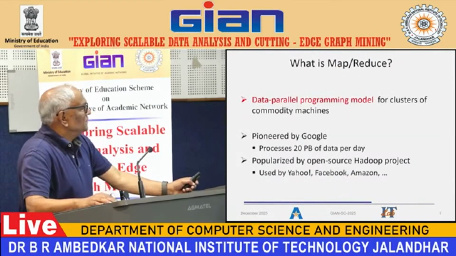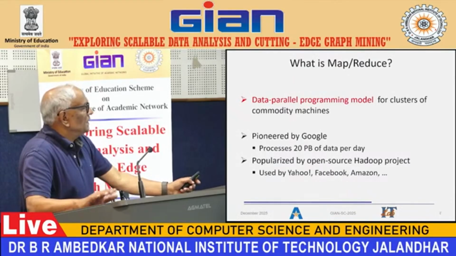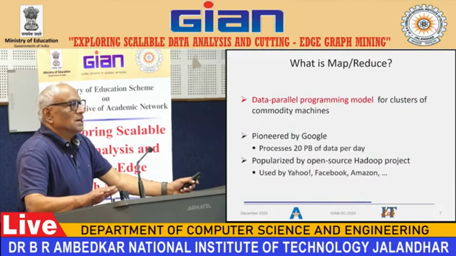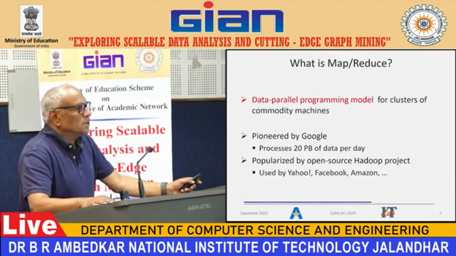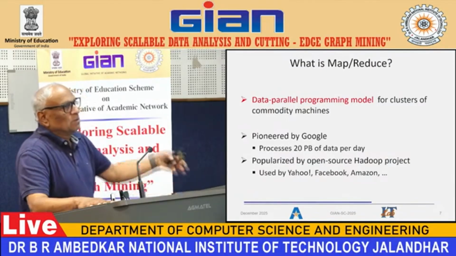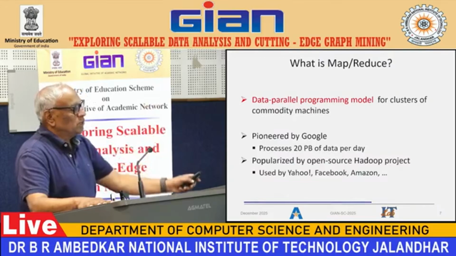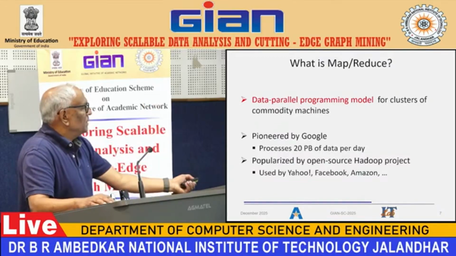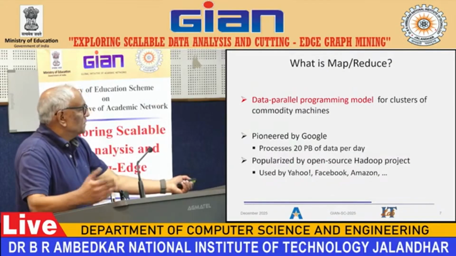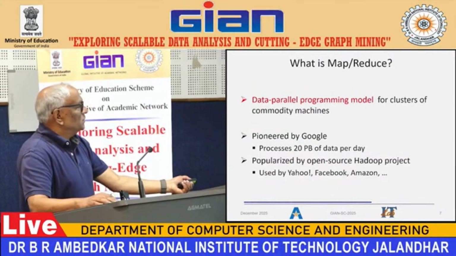So, to summarize, MapReduce is a data parallel programming model that uses clusters of machines. Remember, we talked about grid computing and cluster computing in the cloud context. Most of the MapReduce work goes on in clouds. Pioneered by Google, at some point they were able to process 20 petabytes of data per day.